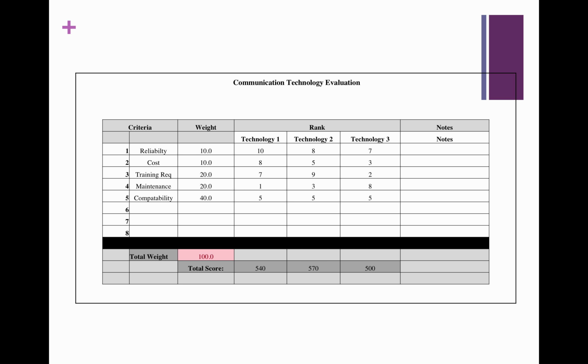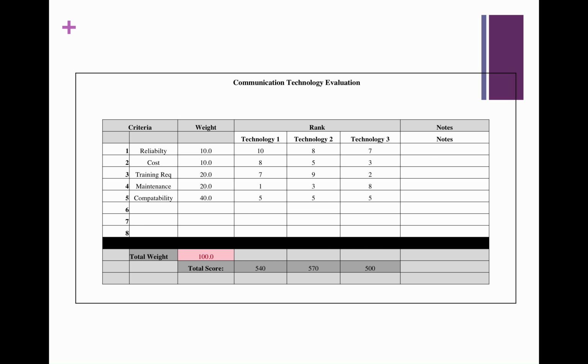For example, for cost, in my example, the higher the number, the costlier the technology is. So just keep in mind that it's user defined. There's no standard and there's no rule on how you define it, but it's important that you do define it, clearly define it, and have a consensus.